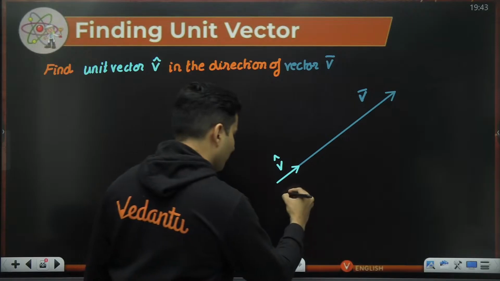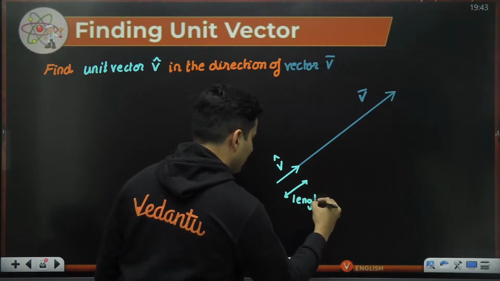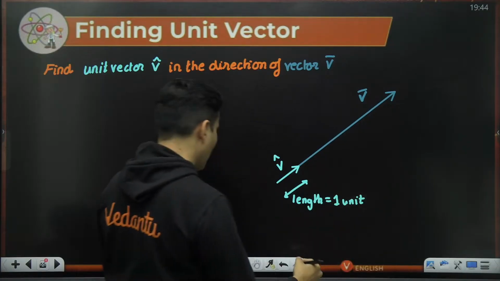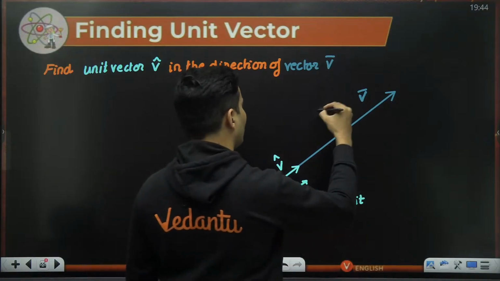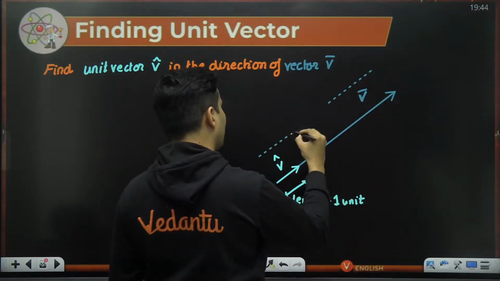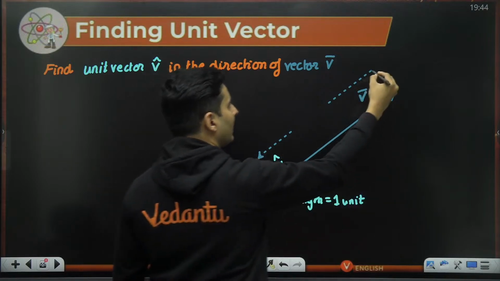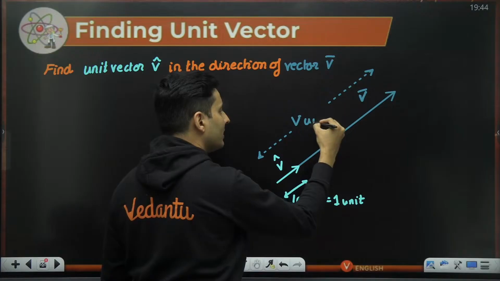So understand, this length is basically 1 unit. But if you ask me what is this entire length, can you quickly think and tell me? It will be v units.